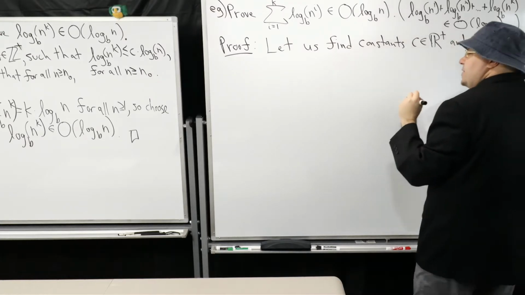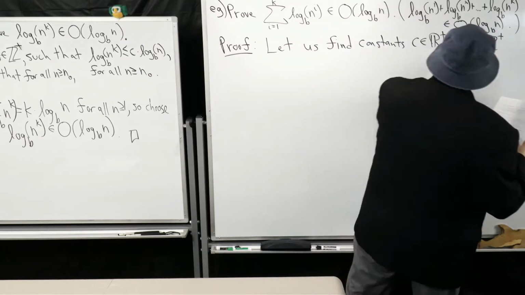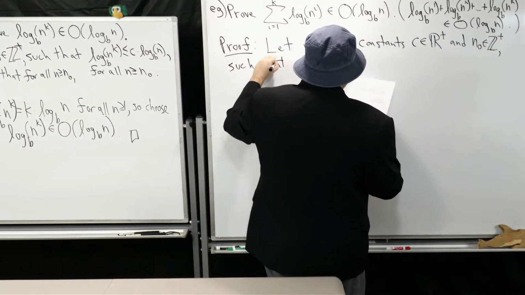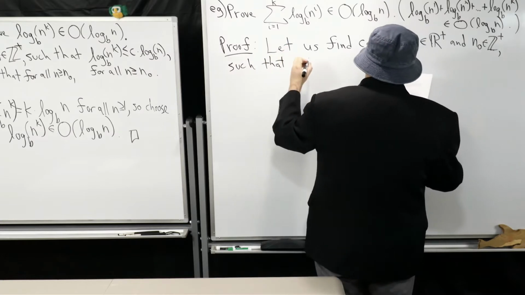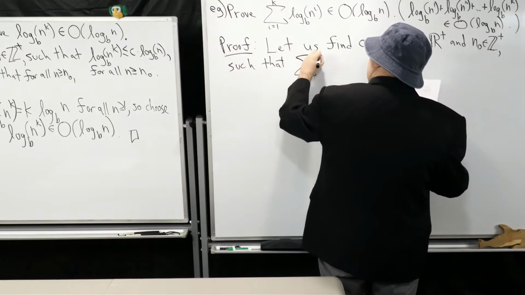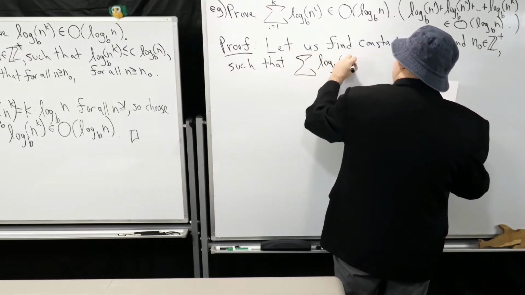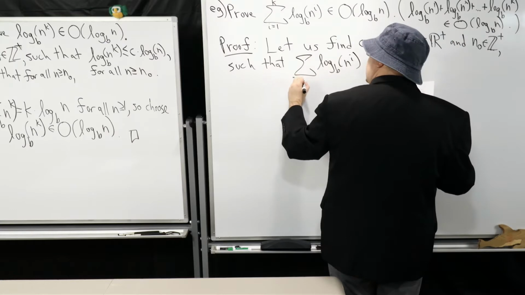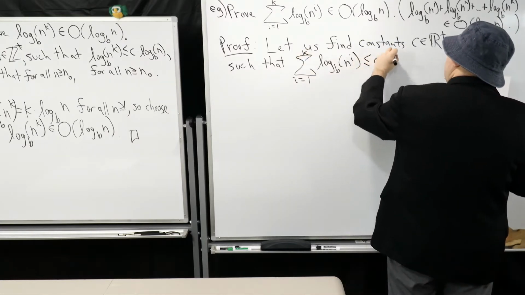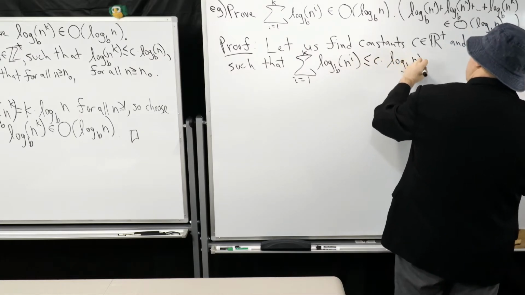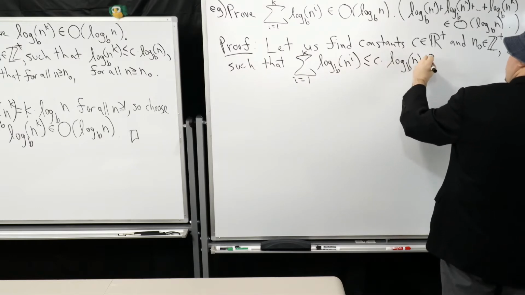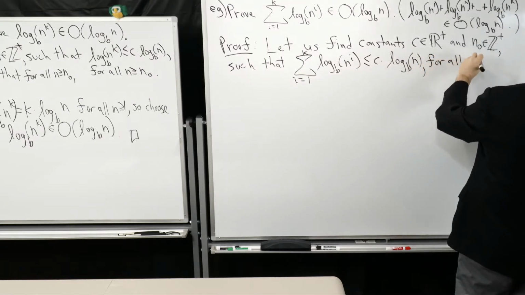It's a positive integer, such that the sum of log base b of n to the i, where i sums from 1 to k, is in fact less than or equal to c times log base b of n, for all n greater than or equal to n0.